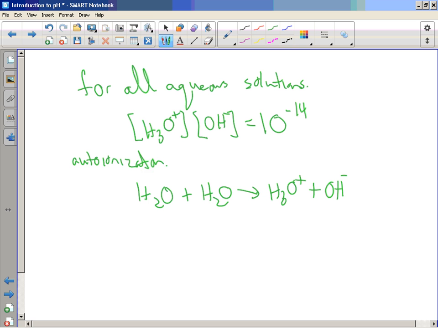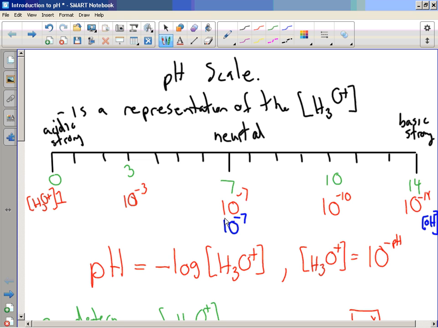Let's go back and take a look at our pH scale. Here we've got this situation, 10 to the negative 7, 10 to the negative 7, neutral, that's that balance point. But if I head over now to acidic, when an acid is added, I end up with more H3O plus.